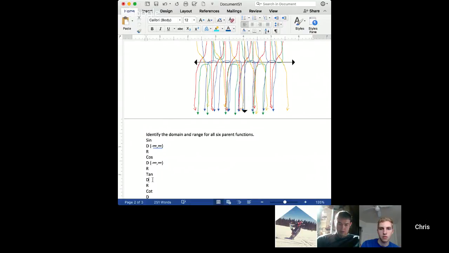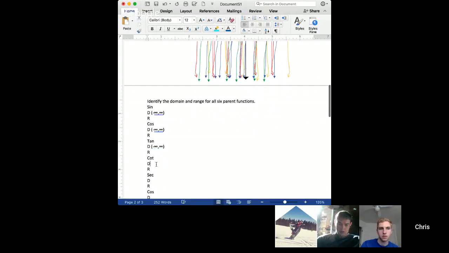And so does tangent and cotangent. And the range for this one is between -1 and 1, or no? Yes. Between -1 and 1.